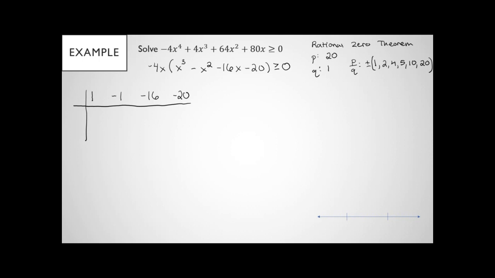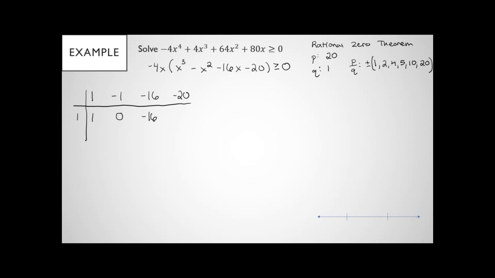And I always start with 1, because that's an easy number to plug in. So with the synthetic division, you have 1 times 1 is 1, and then 1 minus 1 is 0. Then I have 1 times 0, then I subtract 16.